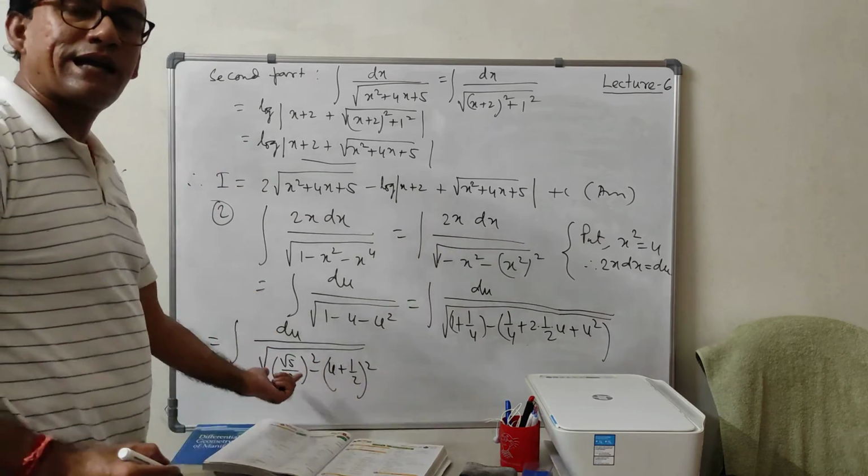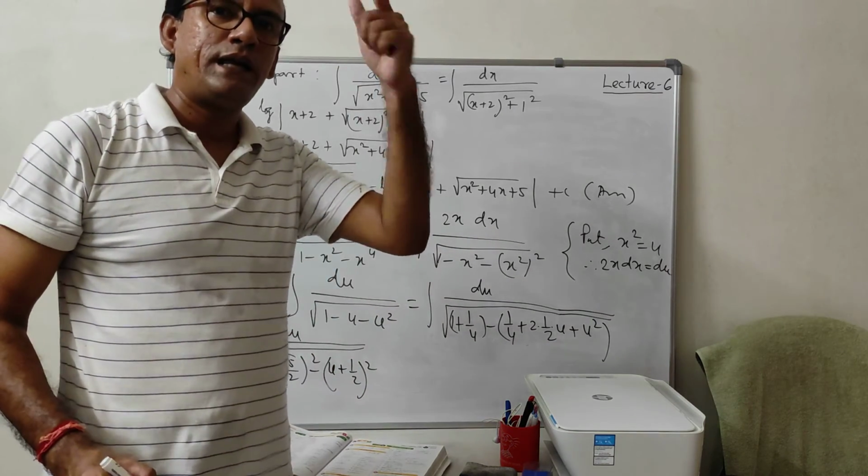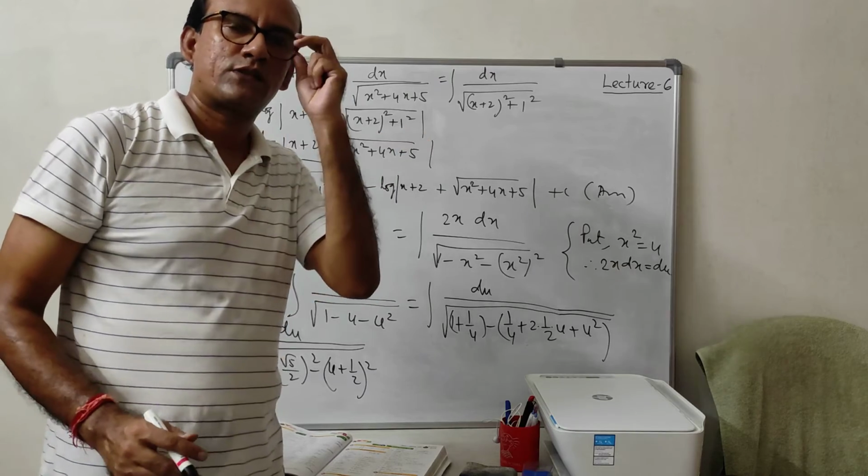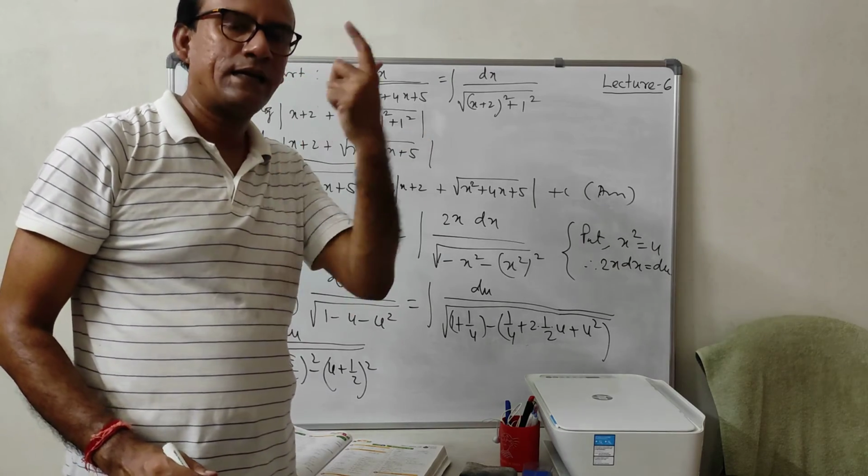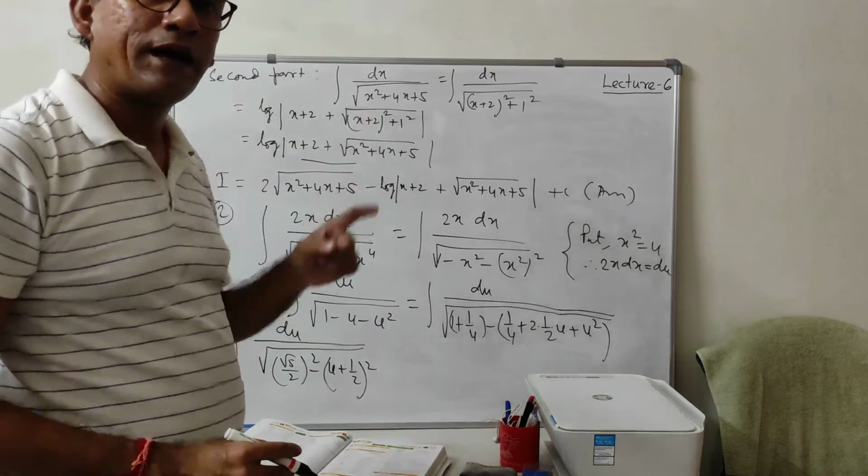See, this is exactly in the form integration dx by root over of a square minus x square. That is the standard integral in our serial number 5.